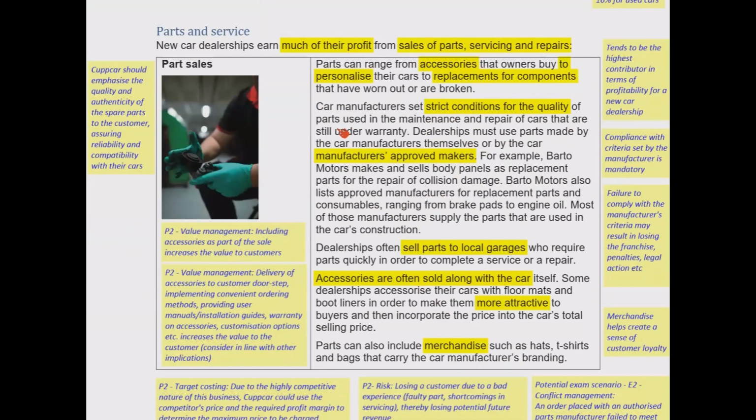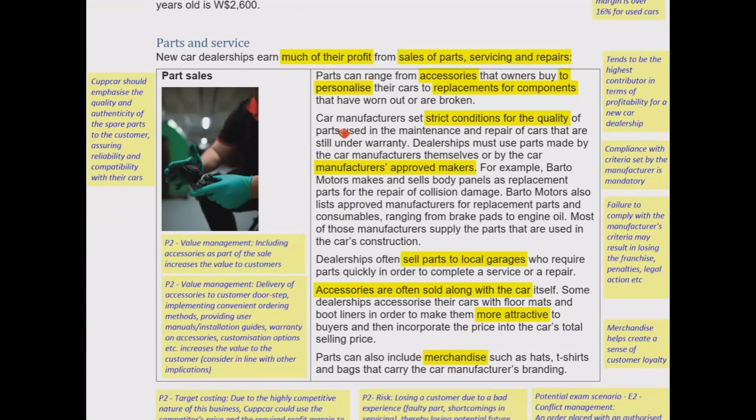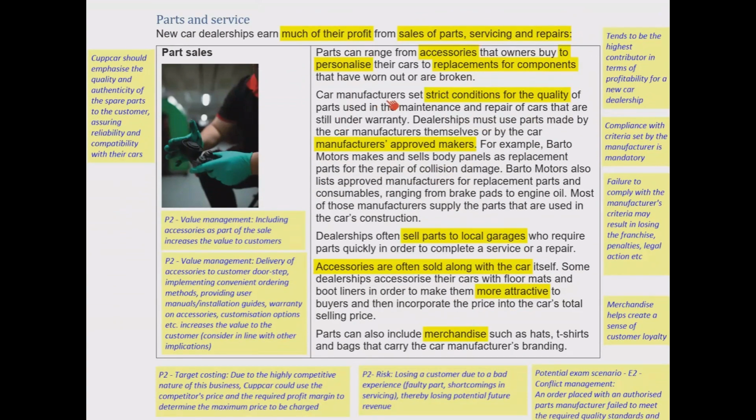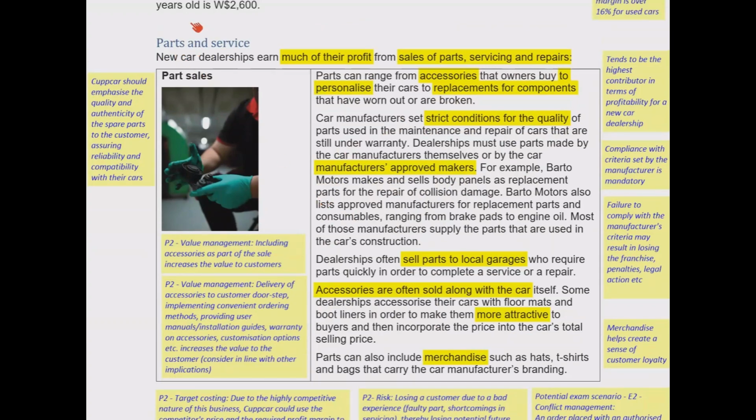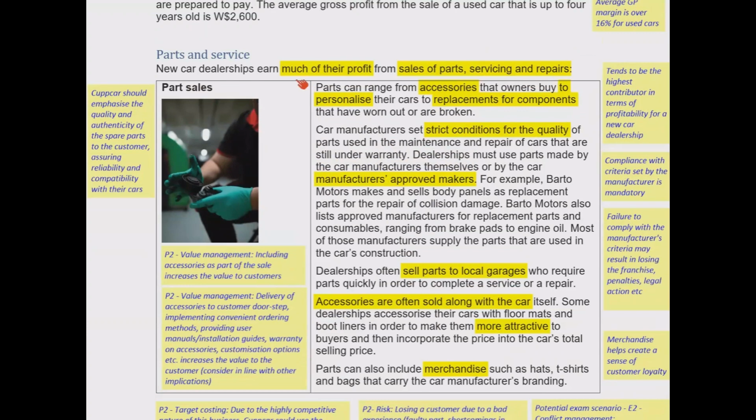Okay, then. So let's just think now about those additional income streams that dealerships within Welland can consider. So we've got parts and service here. We already know, because I've already said this, that the margins, the profit that can be made from these extra activities that a dealer can do are really valuable income streams.